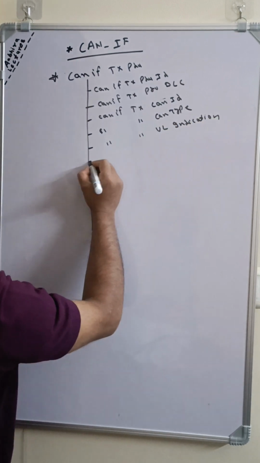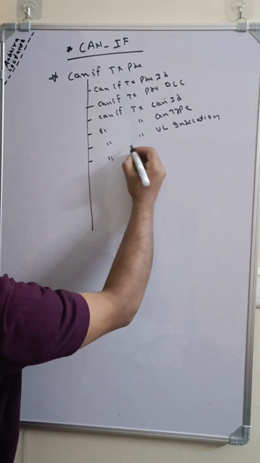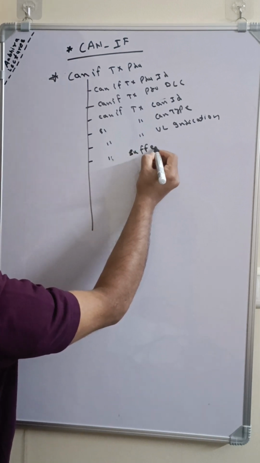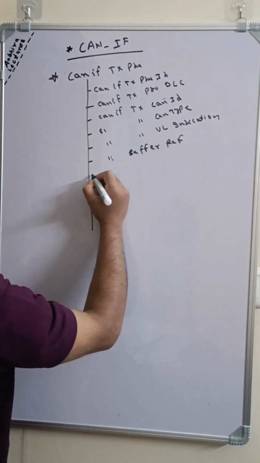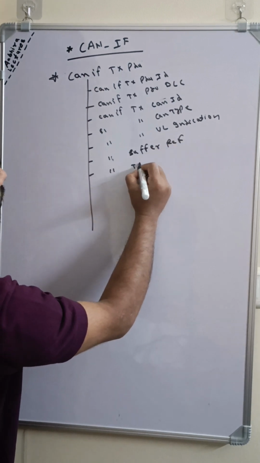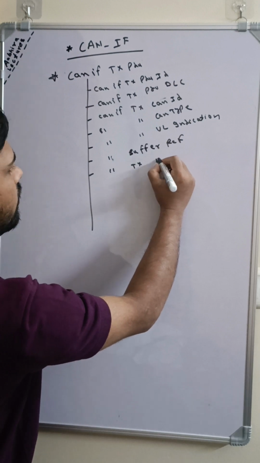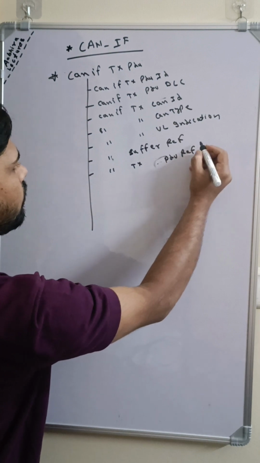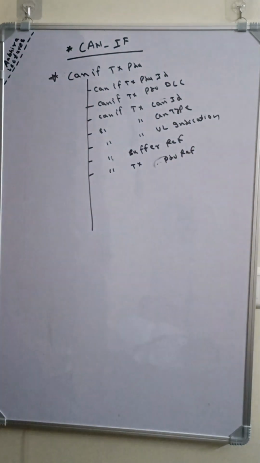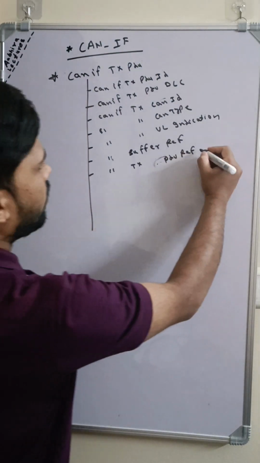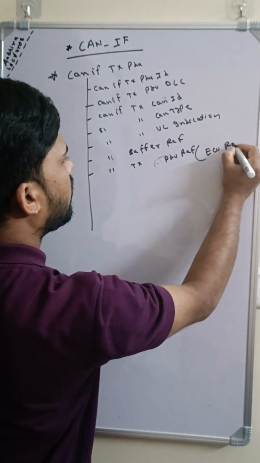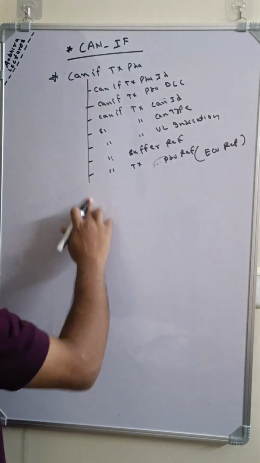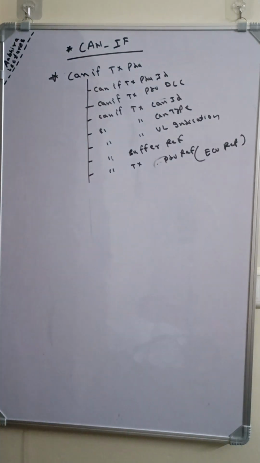Then we have to give the CANIF buffer reference, and the CANIF TX PDU reference. We give the HTH reference, and it will come from the ECU reference only. So these are the parameters which we are going to configure in the CANIF TX PDU.